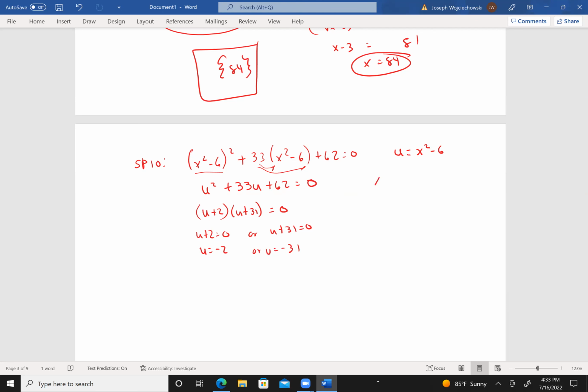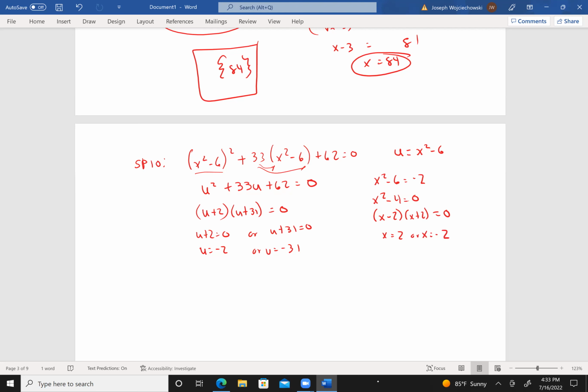So that means x² − 6 = −2. If I add 2 to both sides, I get x² − 4 = 0. Gives me (x − 2)(x + 2) = 0. x = 2, or x = −2.